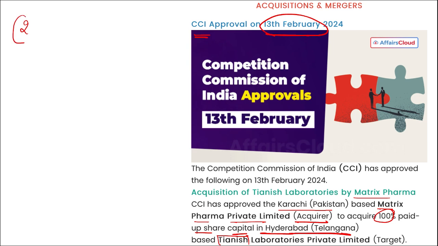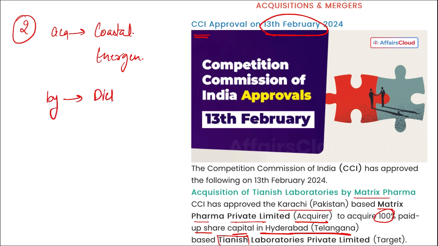Second, remember, acquisition of Coastal Energen by Dickey Alternative Investment Trust and Adani Power. So who will be acquired? Acquired will be Coastal Energen, correct, and it will be acquired by Dickey Alternative Investment Trust and Adani Power.